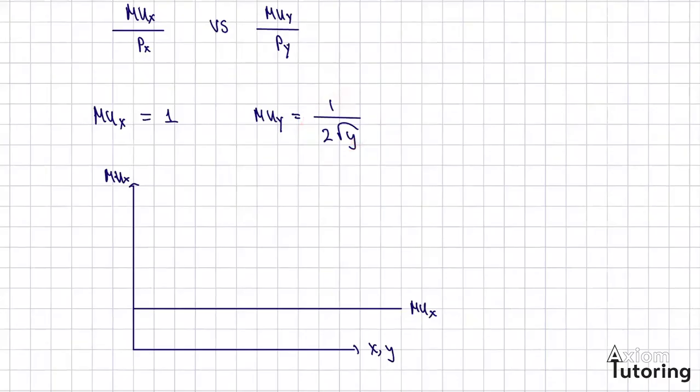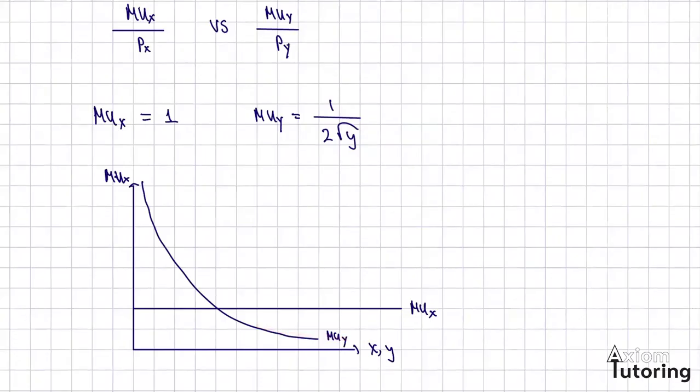Okay, so a tiny change in y leads to this infinite marginal utility. But note that as y goes to infinity, the marginal utility goes to 0. Okay, so this graph is going to look something like this. Marginal utility of y. Okay, and it's going to asymptote to the x-axis. You'll never touch it because it'll never be 0.